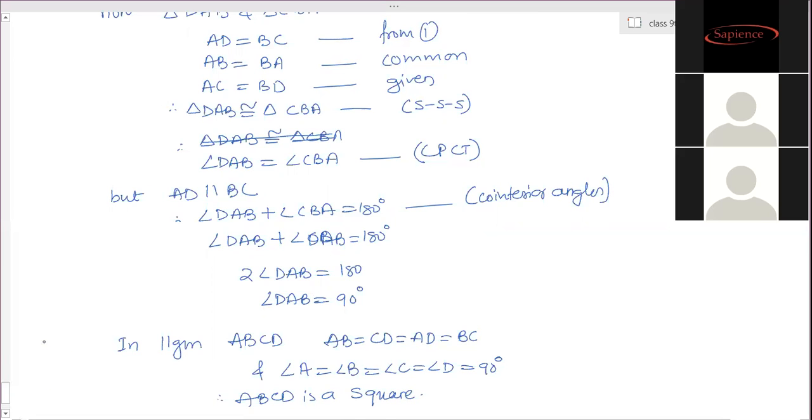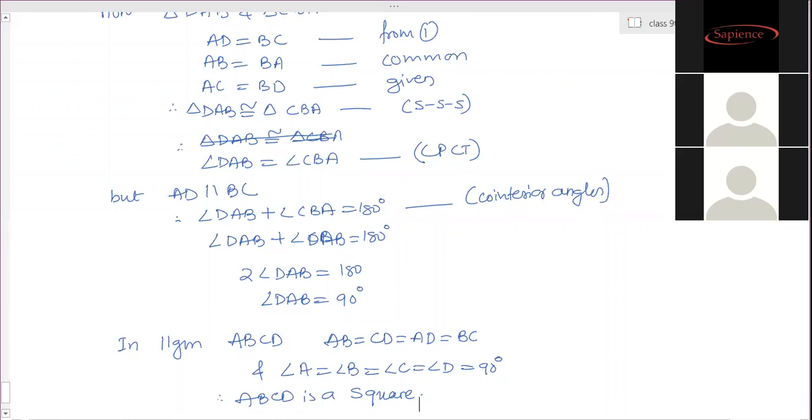Clear what exactly you have to write? Is it clear? Yes, ma'am. These are all questions for 4 markers. So you have to mention everything. You can't leave it at angle DAB is equal to 90, therefore ABCD is a square. You have to mention why it is a square.